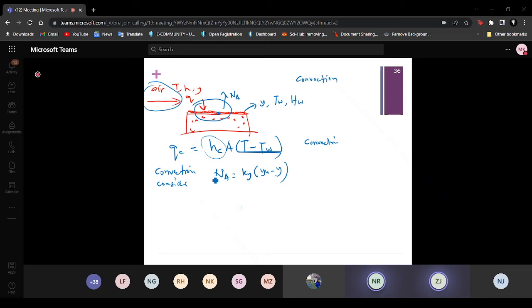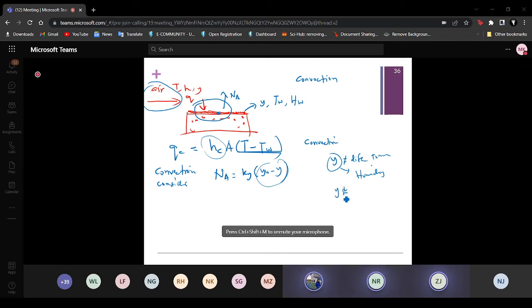Alright, so normally the fraction Y is difficult to measure. So you need to change the Y here to become humidity H. Not enthalpy, sorry, humidity. So between the two there is a relationship. Basically Y is more or less approximately equal to humidity times MB, the molar mass of air, over MA, the molar mass of water.